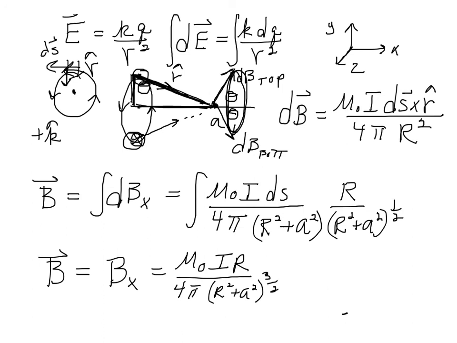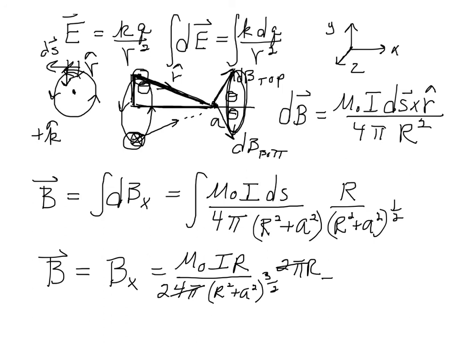All times the integral, the only thing left is the integral around the circle of ds. If we add all the ds's around a circle, what do we get? We get the circumference of a circle. And so that's 2 pi r. So the 2 pi can cancel the 4 pi, leaving a 2.